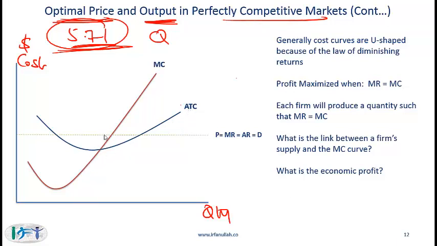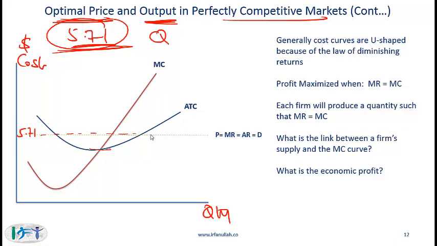Notice that the marginal cost curve intersects the average total cost curve at the minimum, and we talked about this in the previous reading. Our price is 5.71. We are an individual firm in a perfectly competitive market, so 5.71 is the price that we have to take. We are a price taker.